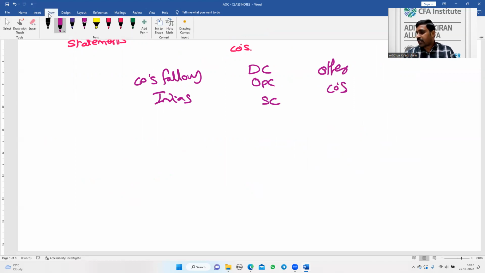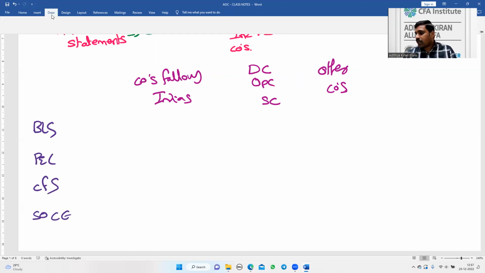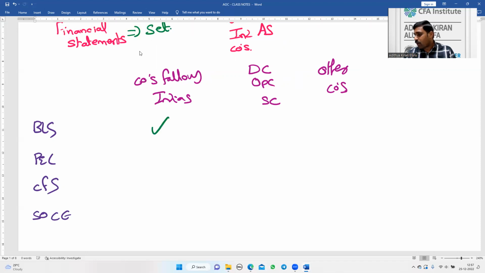I segregate them, and then we see who prepares the balance sheet, profit and loss account, cash flow statement, and statement of changes in equity. Companies following Ind AS have to prepare all four.